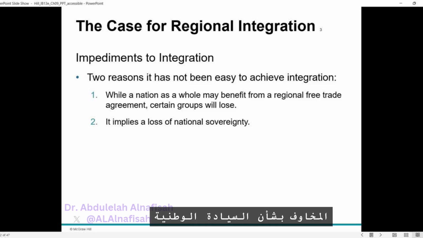Second, concerns about national sovereignty hinder integration. Economic integration often requires countries to relinquish some control over policies like monetary, fiscal, and trade policies. For example, Mexico secured an exemption for its oil industry under NAFTA to maintain sovereignty.